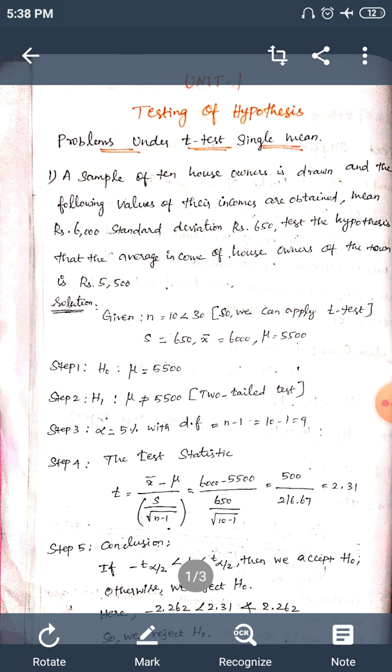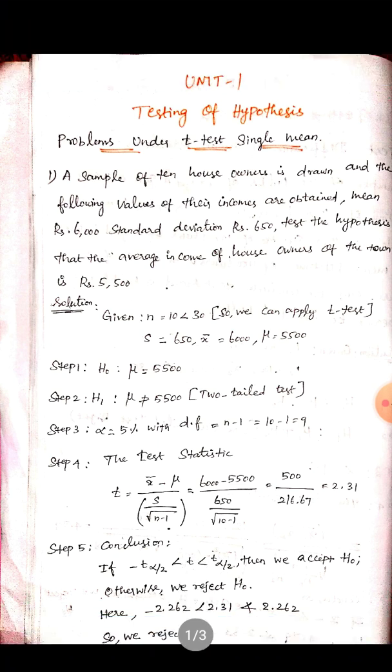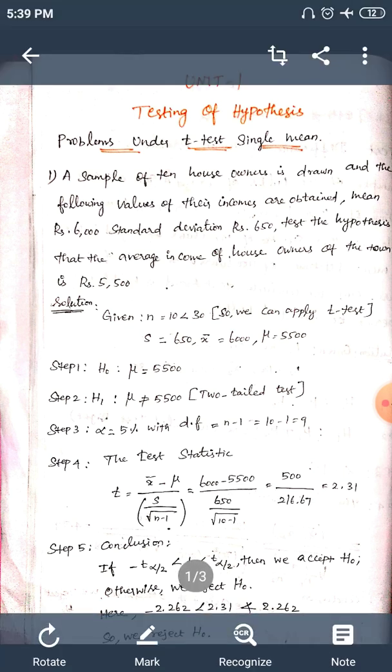The table value is 2.26. So the calculated value is higher and the table value is lesser, therefore we reject H naught. The final solution is to reject H naught, which means mu is not equal to 5,500.